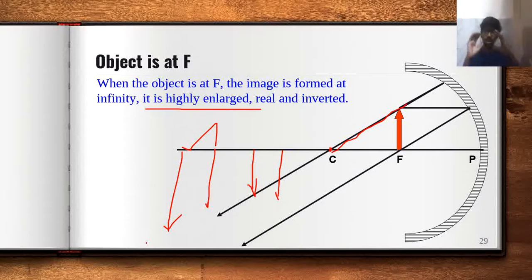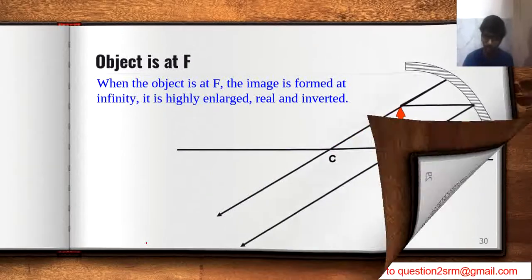So at infinity, the distance between the principal axis and the intersection point will be very large. That means the image is highly enlarged. It will be inverted and it will be real, because the actual incident rays are moving in that direction. That means if they meet somewhere at infinity, then that will be a real intersection. So it is highly enlarged, real and inverted.